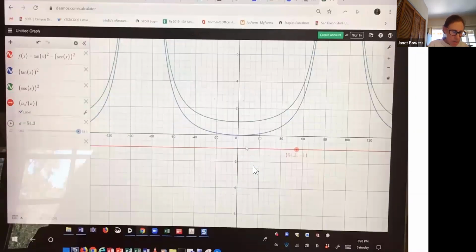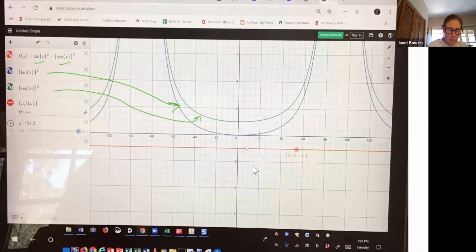What you see here is the tangent squared theta is this blue one here, and the secant squared theta is the green one here. The red one, tan squared theta minus secant squared theta, takes, for whatever point, like let's take this one here, the value of the tangent squared minus this one here, and you can see that they're always 1 apart, so the answer is negative 1.